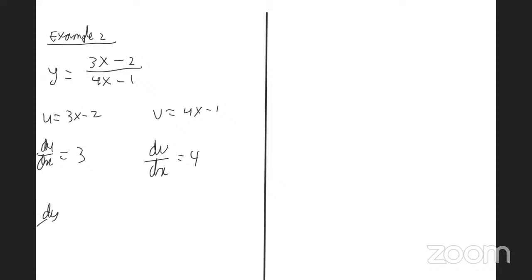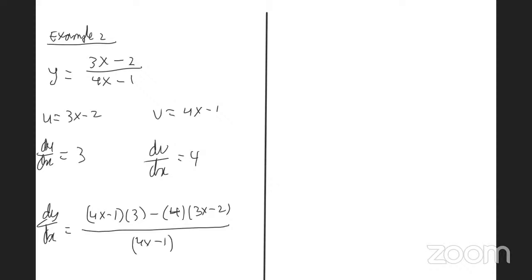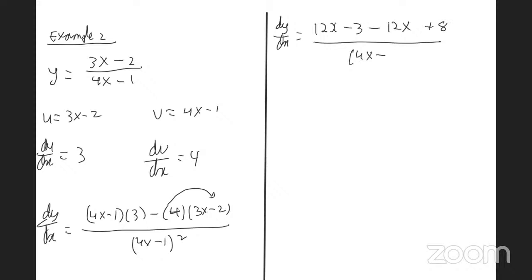Plug it in the formula and we'll get dy dx is equal to 4x minus 1 by 3 minus 4 by 3x minus 2 all over 4x minus 1 squared. So dy dx will now become 12x minus 3 minus 4 by 3x, that's minus 12x, minus 4 by minus 2 is plus 8 all over 4x minus 1 squared.